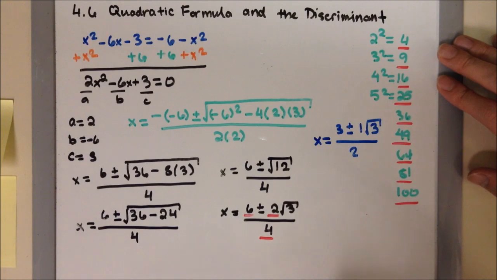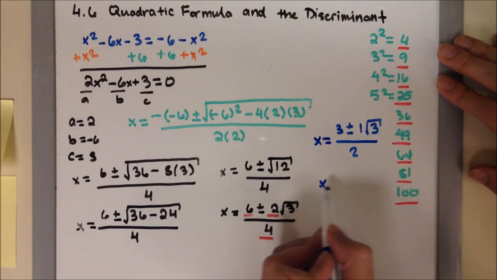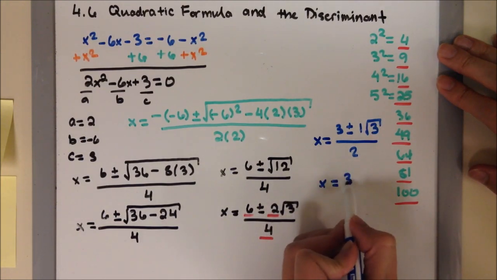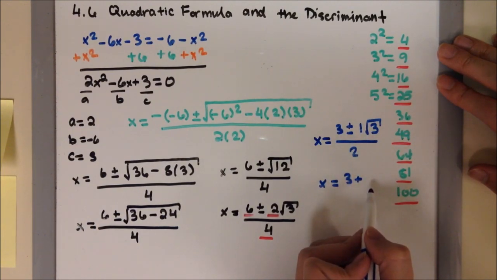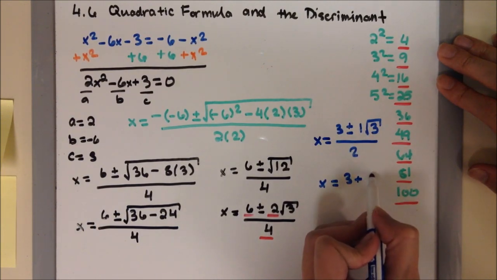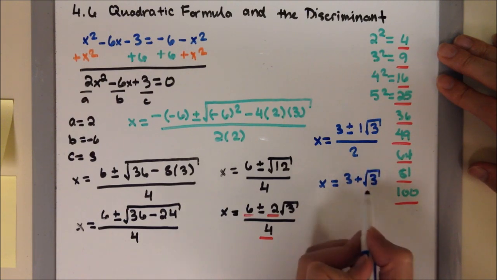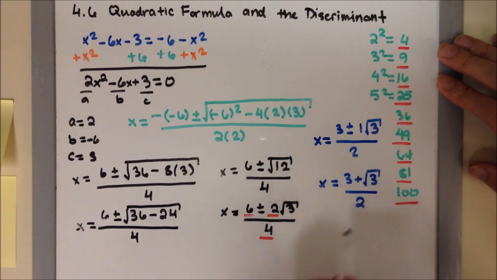So my 2 answers will be x equal 3 plus, now if it's a 1 you don't have to write it there, but it's okay if you do, you just write square root of 3 over 2, and then my other one will be x equals 3 minus square root of 3 over 2.